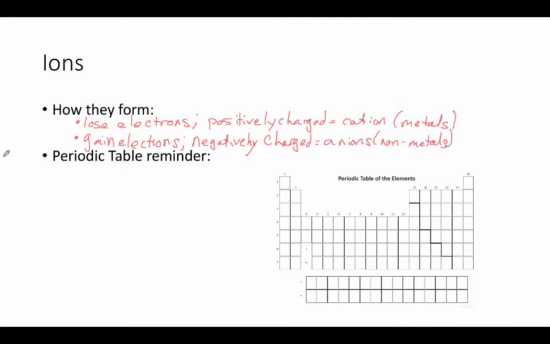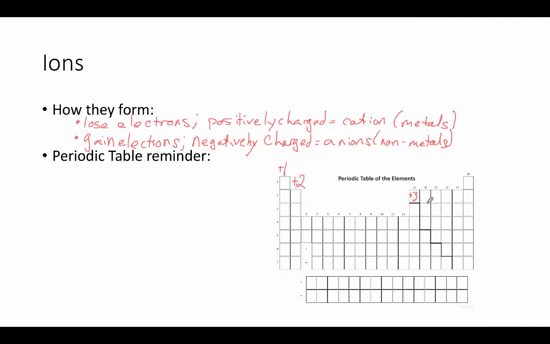Okay. So a quick reminder about how to find the ions and what ions things will form on the periodic table. Our first column of our alkali metals will form a +1 ion. Our second column of our alkaline earth metals will form a +2 ion. Aluminum here will form a +3.